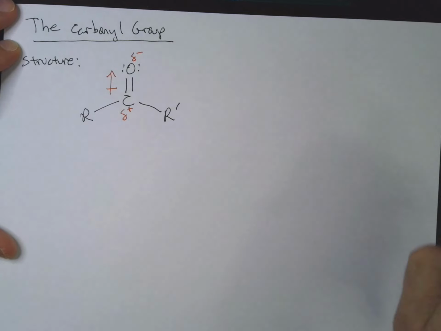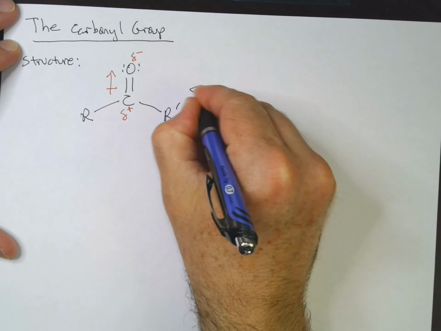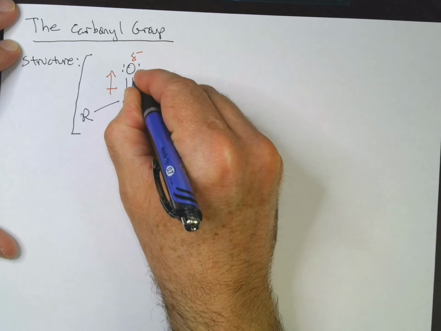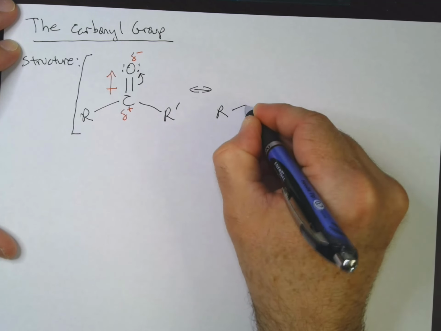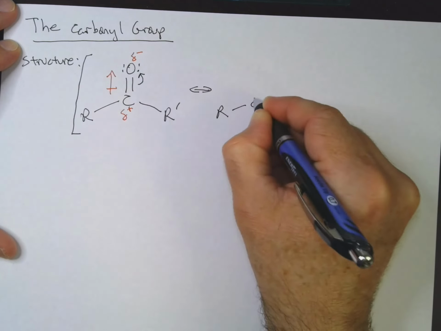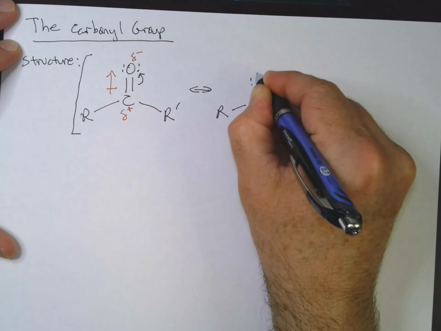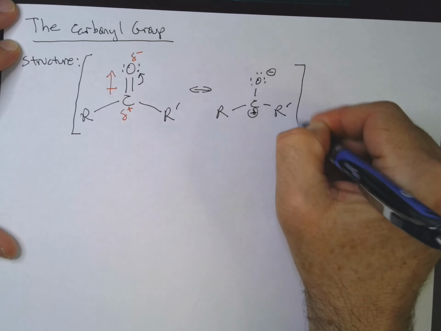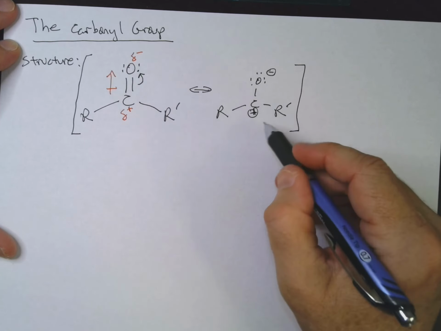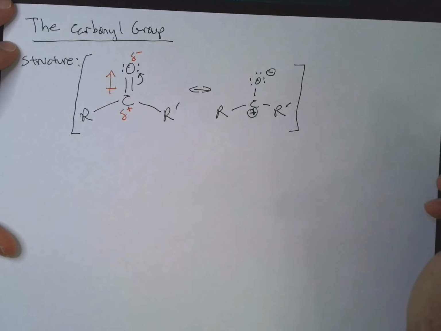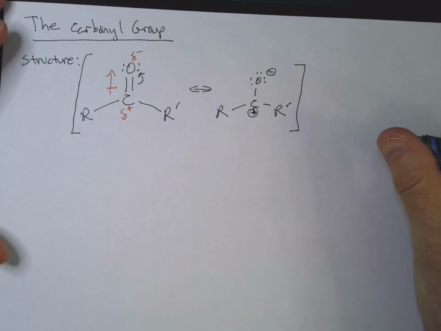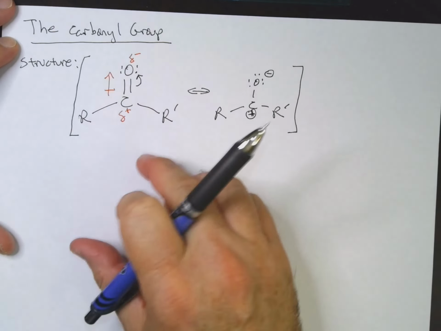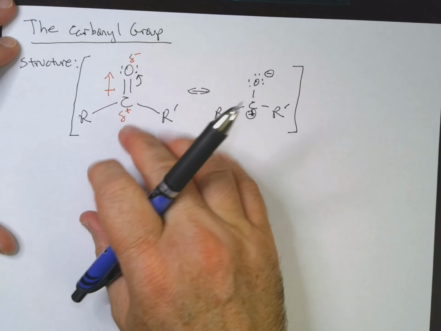at the oxygen. We could, if we wanted to, draw a resonance structure where we'll push our electrons up onto the oxygen. Why are we pushing them onto the oxygen? Well, it's more electronegative, so that's where they would go. And so now we can see in our resonance structure, we have positive charge on carbon, negative on oxygen. Now the carbon-oxygen bond is reasonably stable as well, so this resonance structure indicates some of the stability that we're looking at.